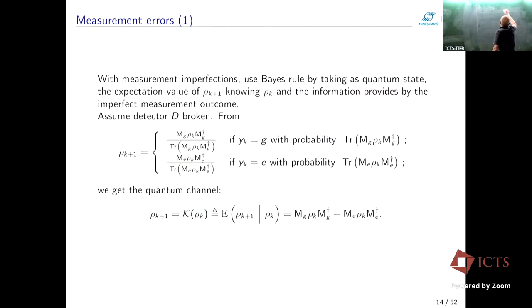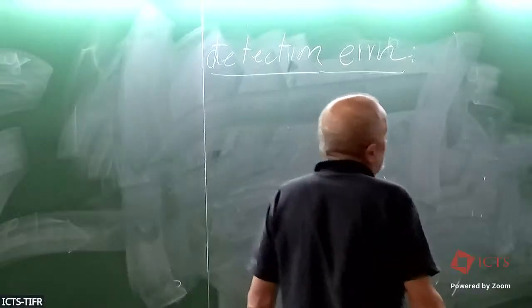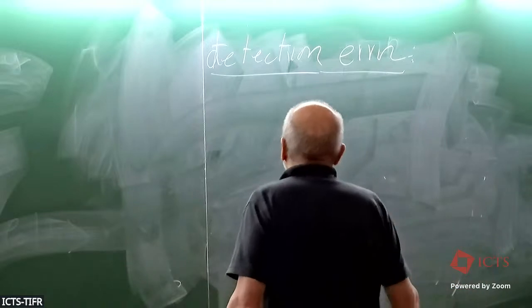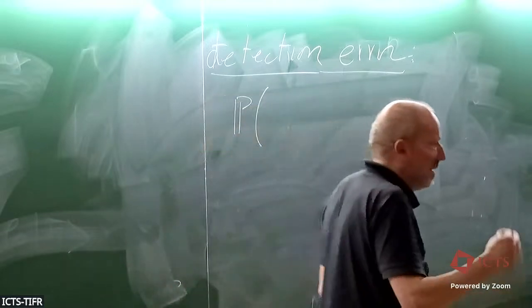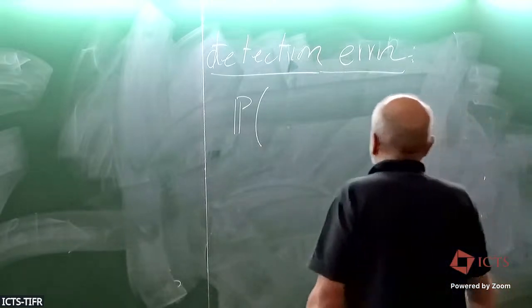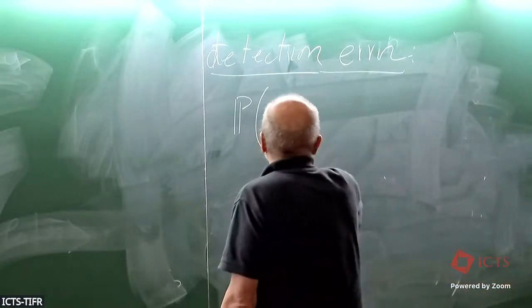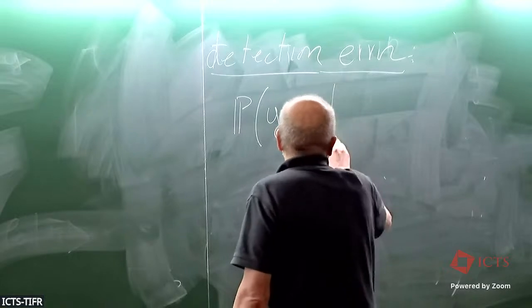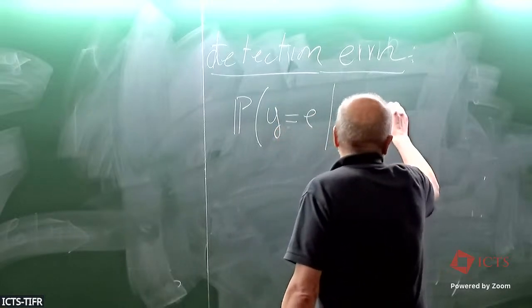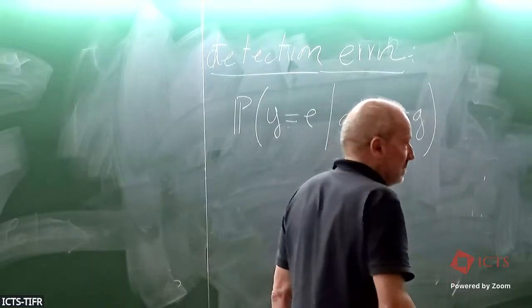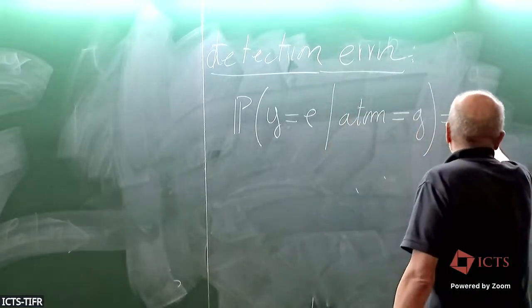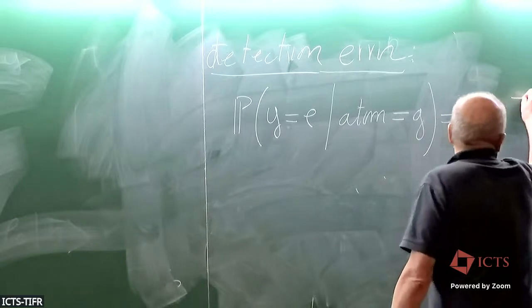So I will take the case where I assume that I know my error rate. So I know that I detect y equal to E when the atom collapses in G. I say that it is eta G. It is something which is between 0 and 1.